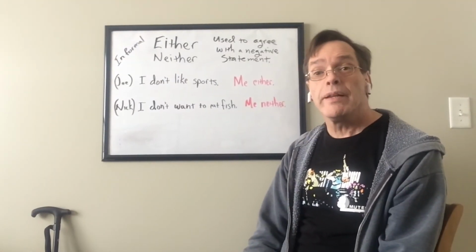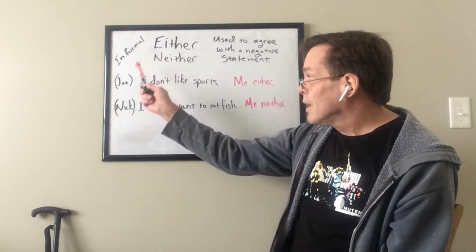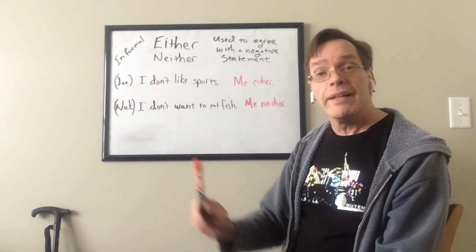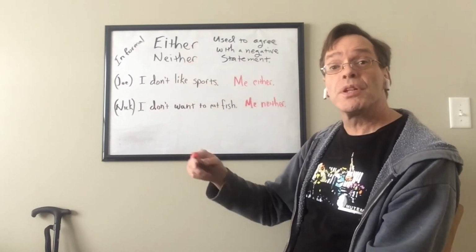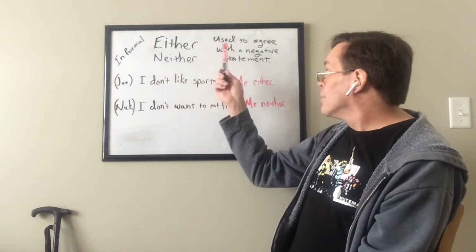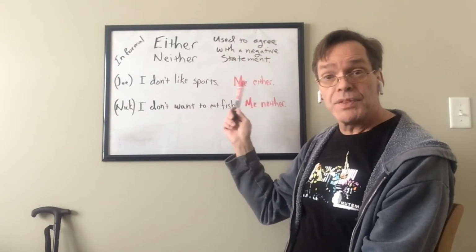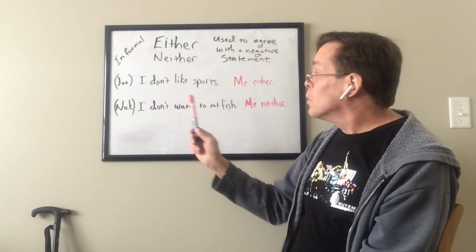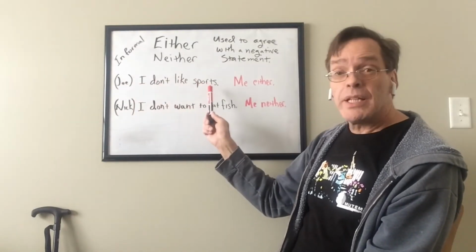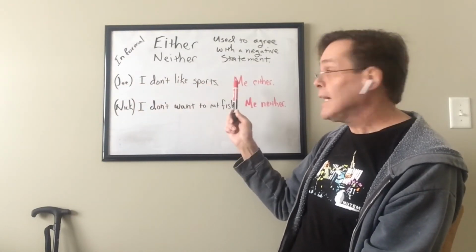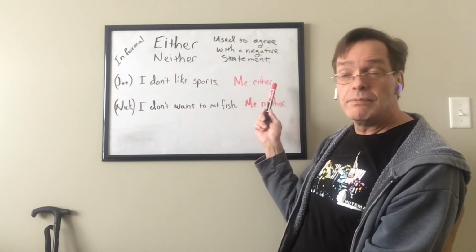The final way that they're used is informally. And in this case, either and neither are used the same way. They're used to agree with a negative statement. So in this case, Joe says, I don't like sports. And I say, me either.